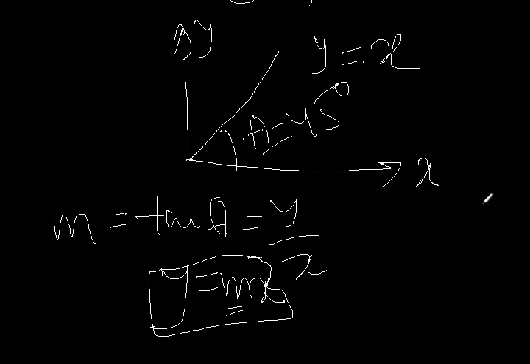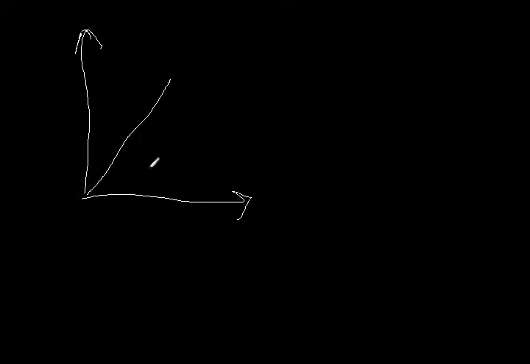Now, what happens if the line does not pass through the origin? I hope you understand what I just referred to here. I mean to say that if the line is not like this, what happens if it is here or if it is there? Well, now we have to get at what happens in that case. In that case, we have a thing which we call an intercept.